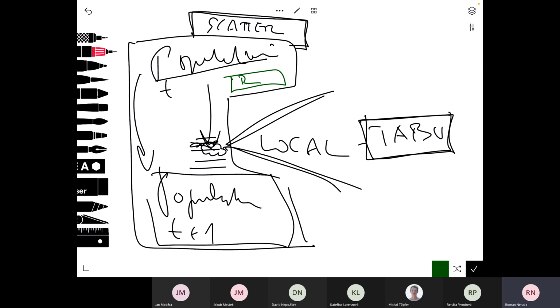So Tabu can be part of scatter search where the local search is necessary, but you can have hill climbing as well or other local search heuristics there.